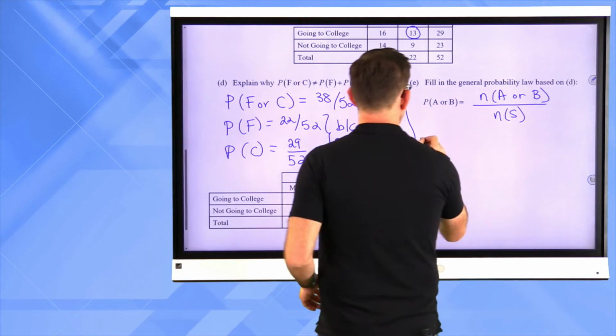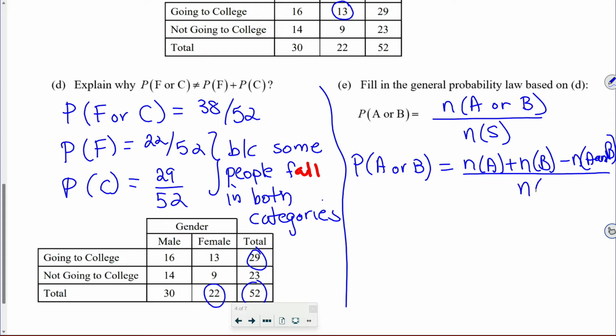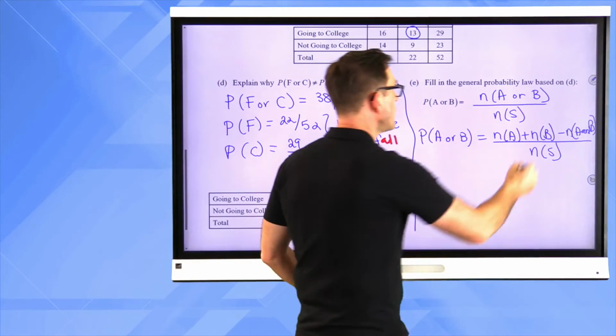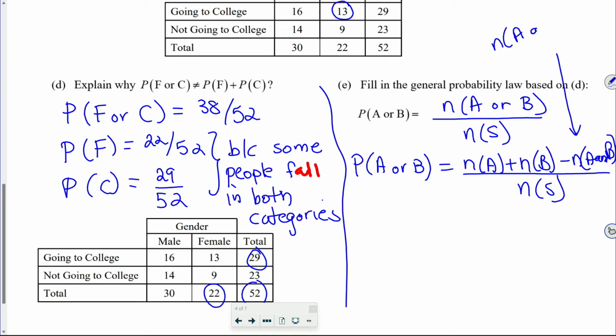Now, we also know the number of people in A or B is the number of people in A plus the number of people in B minus the number of people in A and B, all divided by n of s. Sorry about that. All right, let me be very clear about what's written right here, since you probably can't read that on your screen.